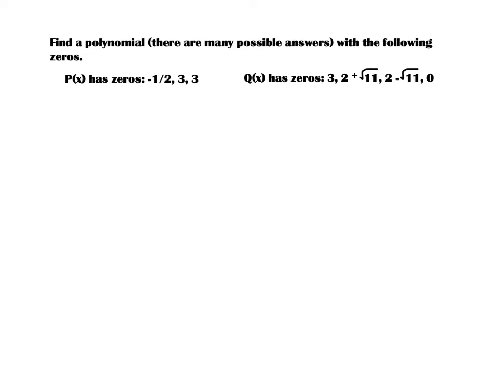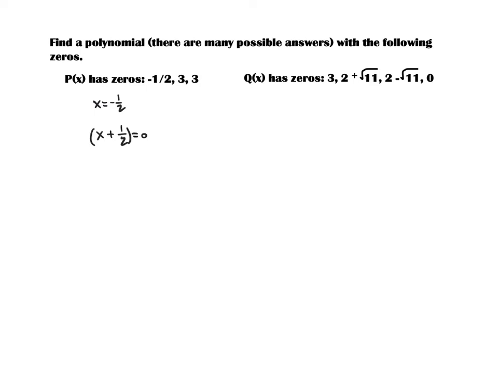All right, in these examples, I want to find a polynomial, of which there are many possible answers, with the following zeros. So if x equals -1/2 is a 0, then if I added the 1/2 over, then this is a factor.